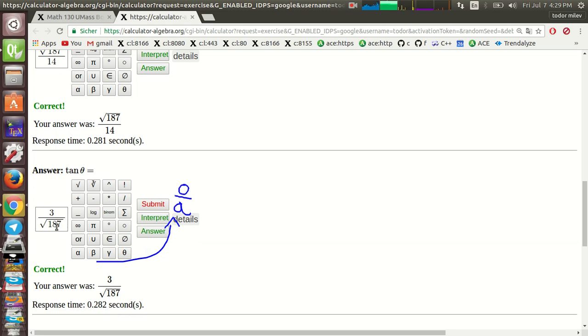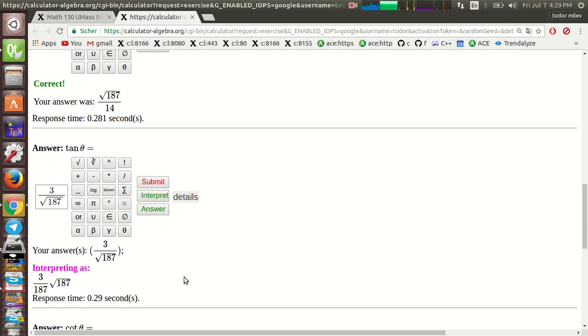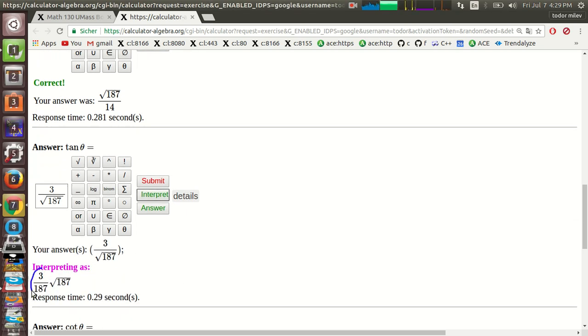Some of you were asking what happens when we have radicals in the denominator. Well, if we click the interpret button, we're going to be getting 3 over, so radicals in the denominator will automatically get rationalized by our system, so I don't need to do that extra step.